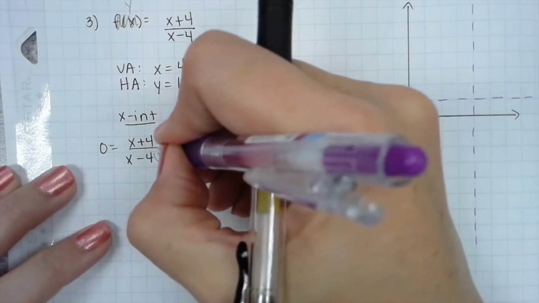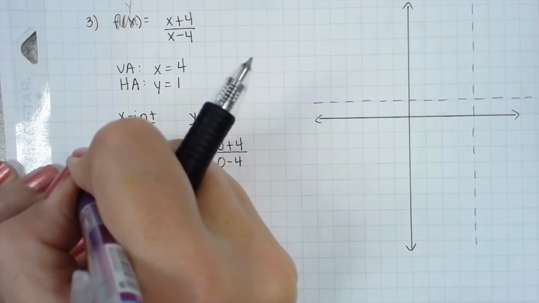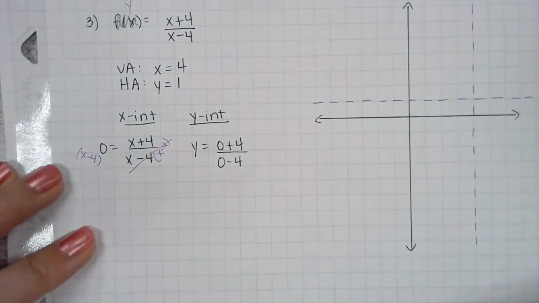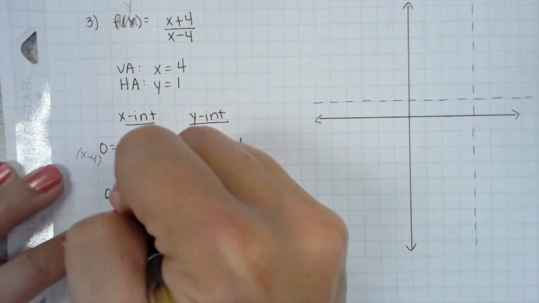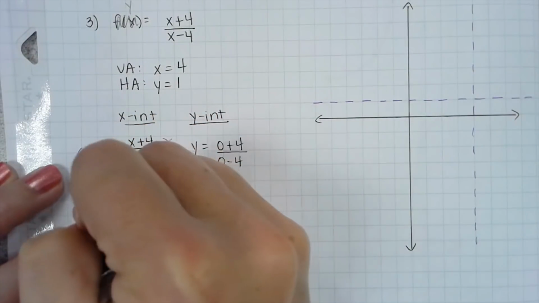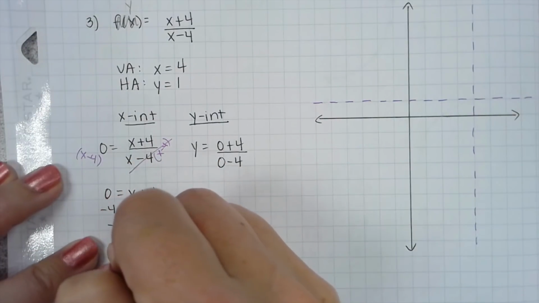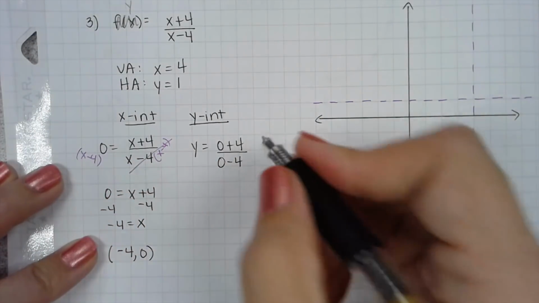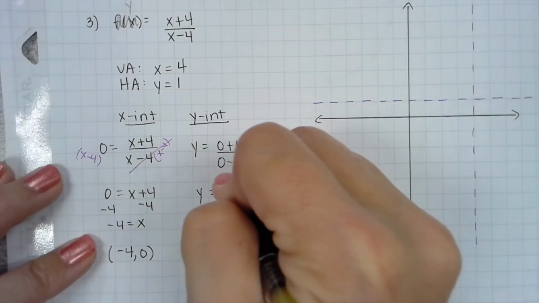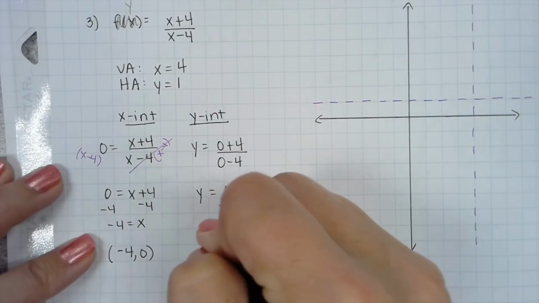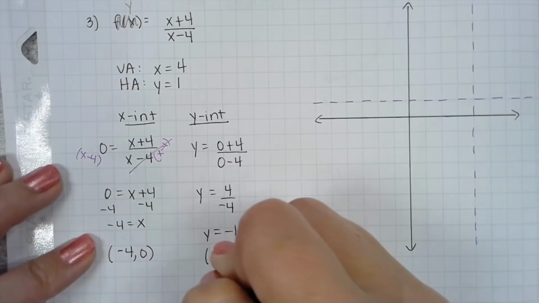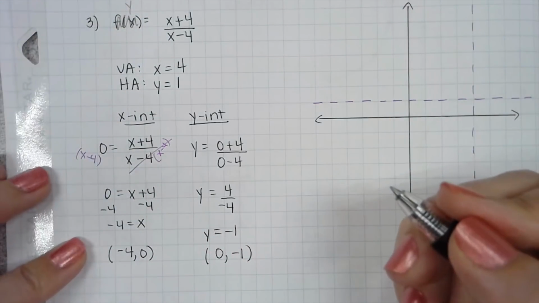On this one, I'll times both sides by x minus 4. These will cross out. So I'll get 0 equals x plus 4. So my x-intercept for this one is going to be at the point -4, 0. And then for this one, I'll get y equals -1. So for this one, my y-intercept is going to be at 0, -1.